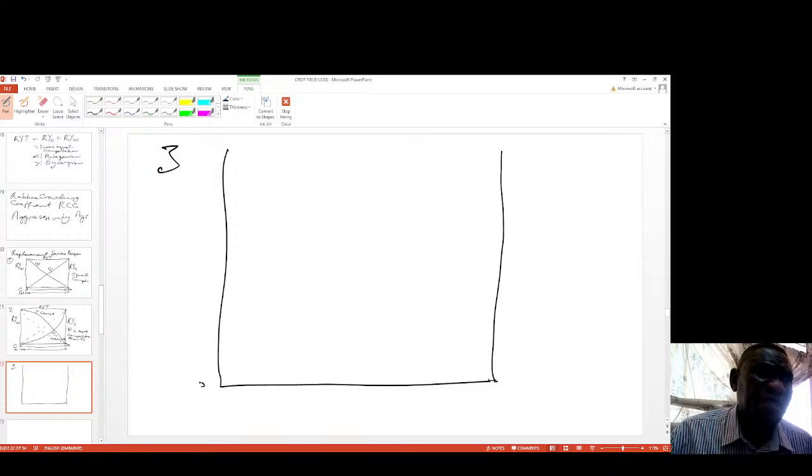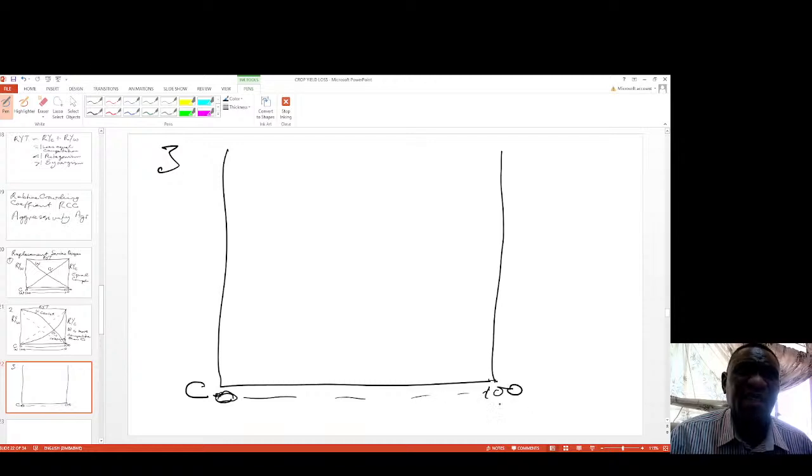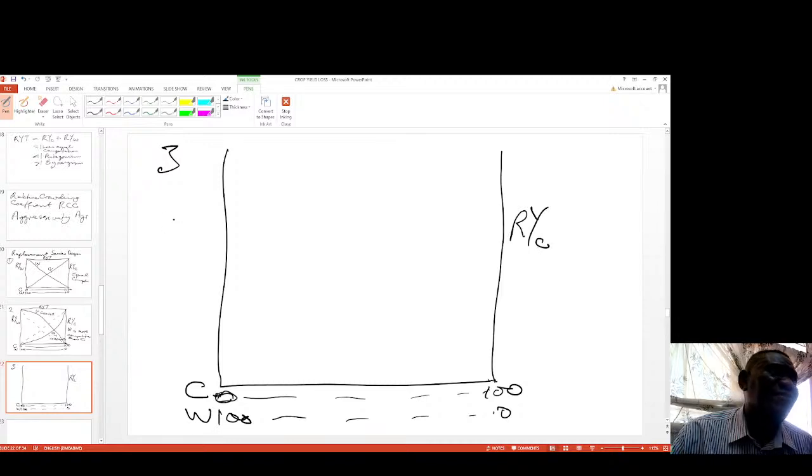We still have our C here, starting from 0, going to 100. Our weed starting from 100, decreasing to 0. And on the y-axis, we still have our crop here.